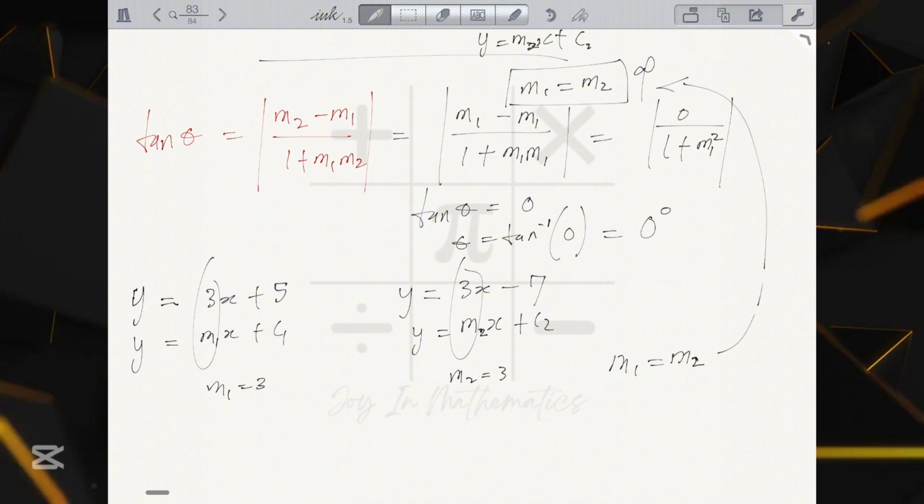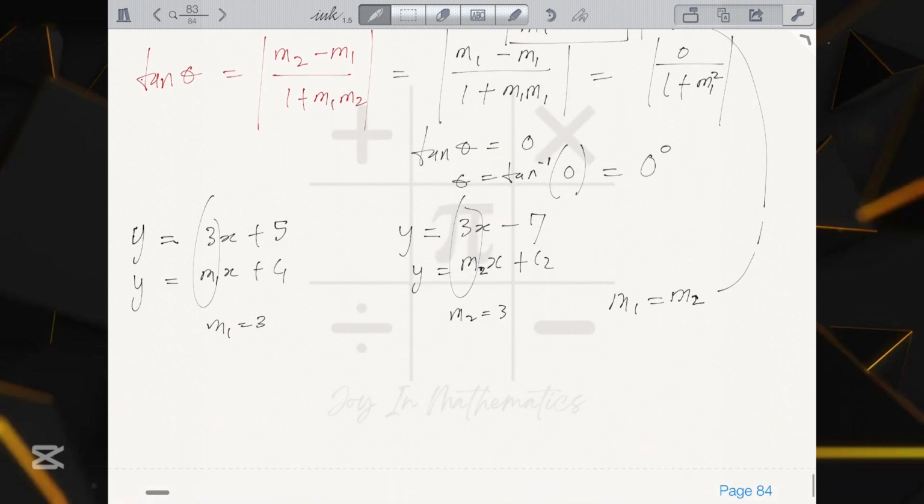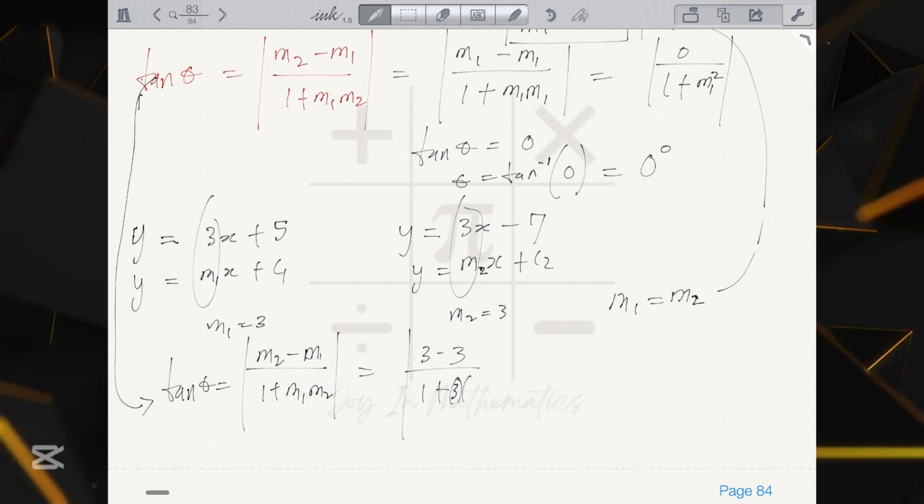Now let's apply the formula that we have, that tan theta is equal to the modulus of m2 minus m1 divided by 1 plus m1 m2. So therefore 3 minus 3 divided by 1 plus 3 multiplied by 3, and this will give us 0 divided by 1 plus 9, which is the modulus of 0 divided by 10. 0 divided by 10 is 0, and the modulus of 0 is equal to 0.